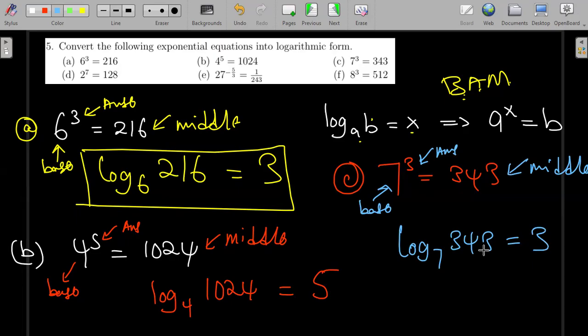Any questions so far? I'm very sure you can convert this one and this one to the log form.